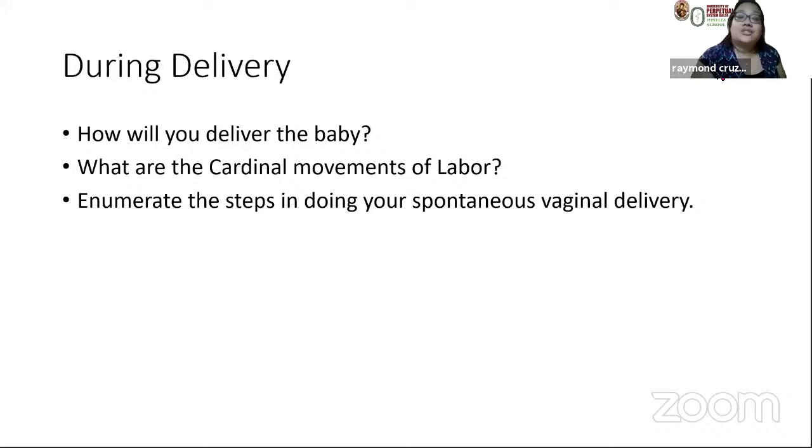What's next? How will you deliver the fetal head? Doc, when the head descends, the vulva and perineum open the vaginal diameter to 5 centimeters or more.